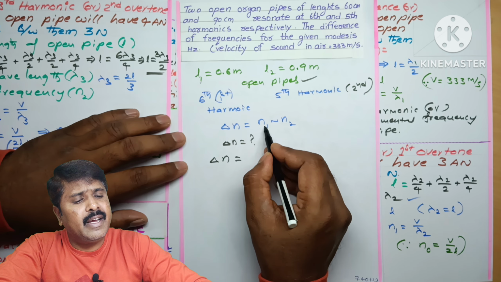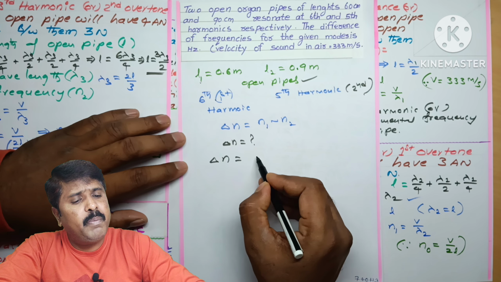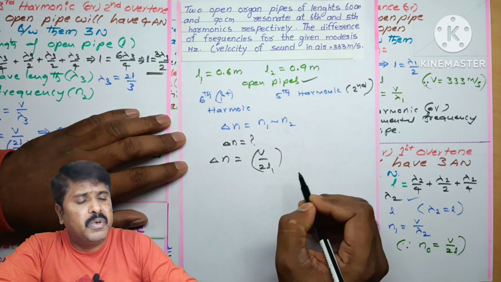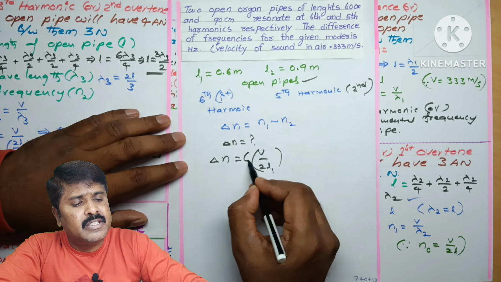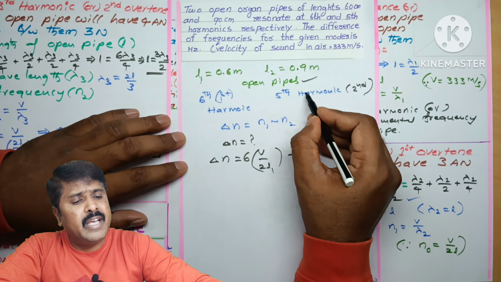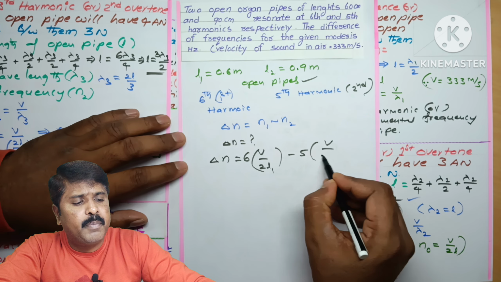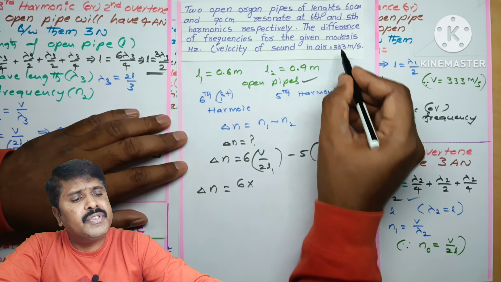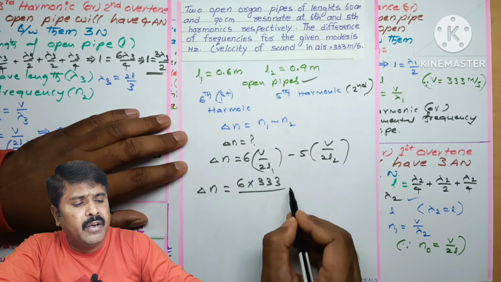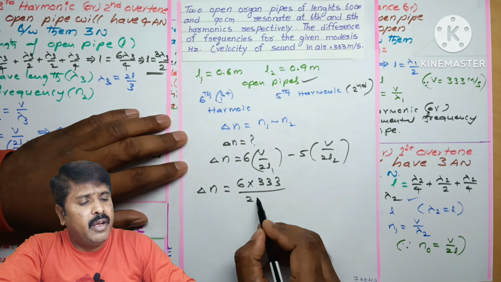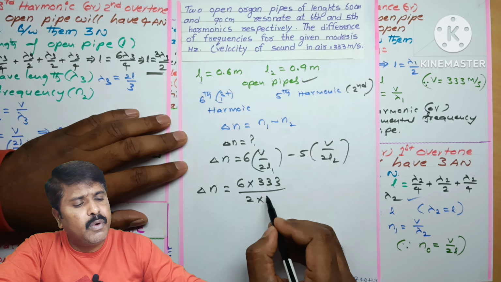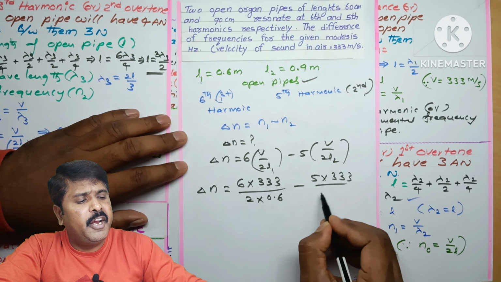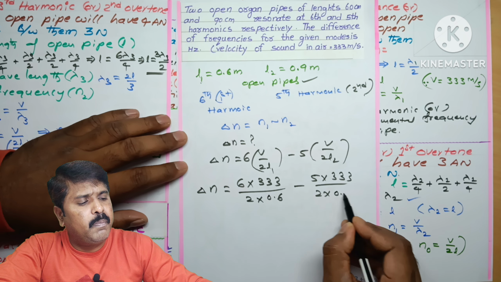Delta n is equal to, the open pipe formula, V divided by 2L. First length, the 6th harmonic, minus the second, the 5th harmonic, V divided by 2L2. So delta n is equal to 6 into velocity 333 divided by 2 into L1, which is 0.6, minus 5 into 333 divided by 2 into L2, which is 0.9.